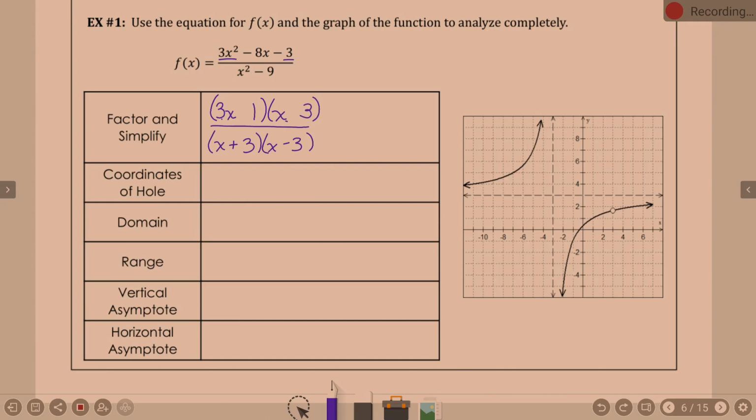So now what if I do 1 and 3? Nothing would have simplified if I would have had the 1 there. 3x times 3, if I look at my outsides, is 9x. 1 times x is 1x. Can 9x and 1x make 8x? Yeah, they can, right? How do they make a negative 8x?